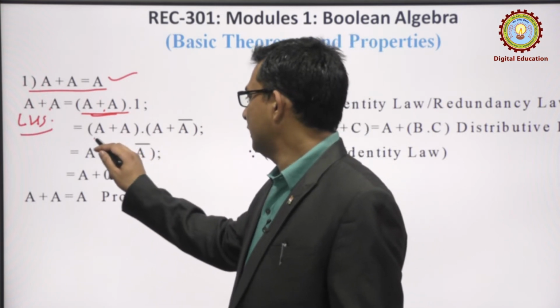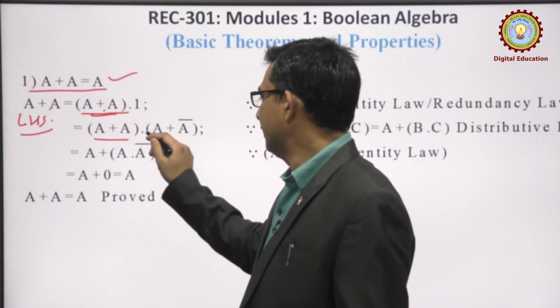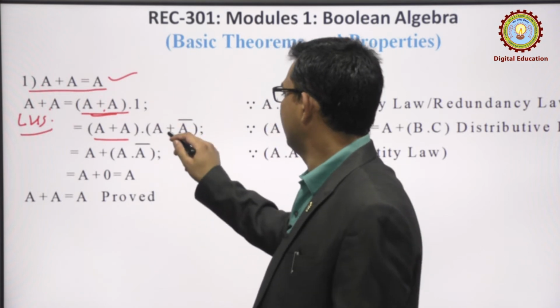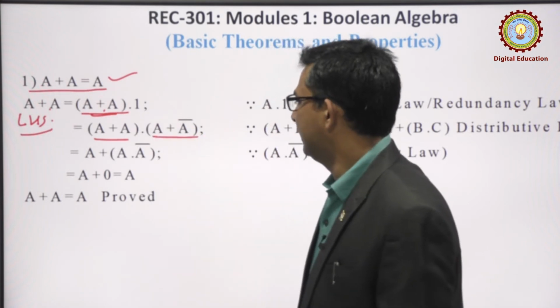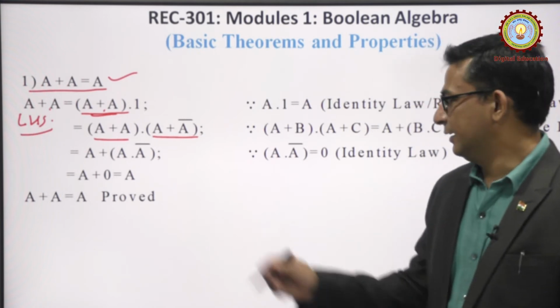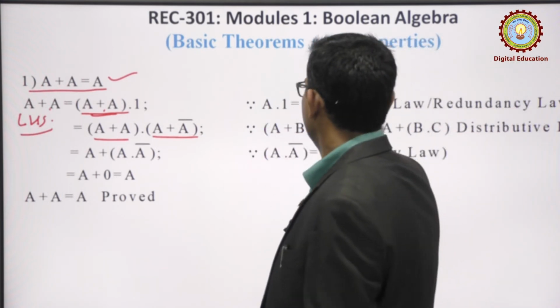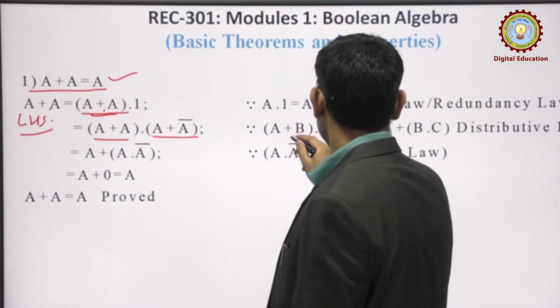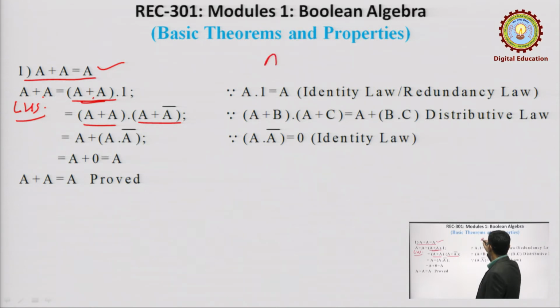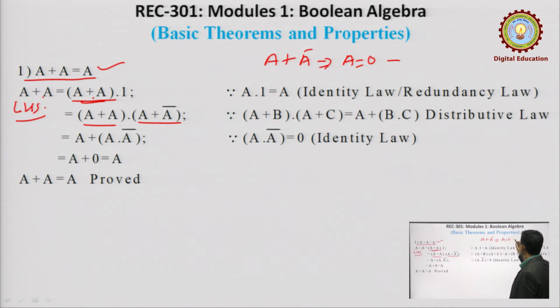This is the other one, A plus A, and we know that we can also write 1 is equal to A plus A bar. Let us check. If A is equal to 0, what will be the value of A plus A bar?